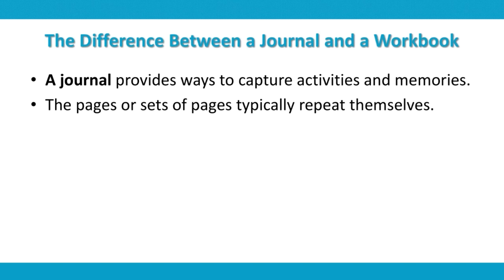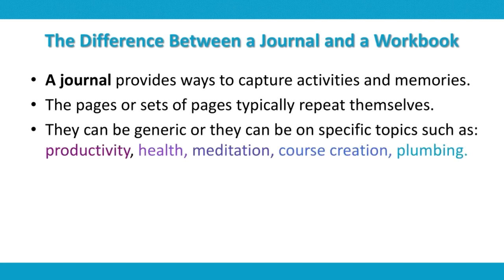And you can even create a branded cover, because maybe you're going to have other journals in the series and you want them to show that they're part of a series, because people like to collect books in a series. So they can be generic, or they can be on specific topics such as productivity, health, meditation, course creation, plumbing. I put plumbing as just something totally random, to indicate that you can have a journal on anything.